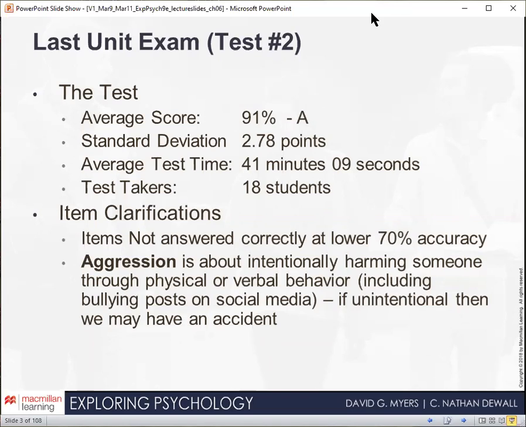If someone harmed somebody unintentionally, then we may be having an accident, so it's not necessarily going to be deemed aggression. So aggression is about intentionally harming someone through physical or verbal behavior. That's one item that I want to make sure we were clear on.